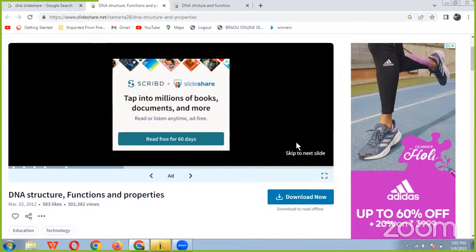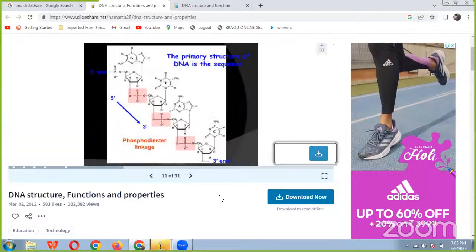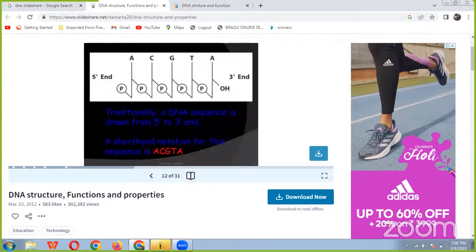Now the chemistry of the DNA. Some proteins are linked with the DNA in chromosomes. What type of proteins are linked?